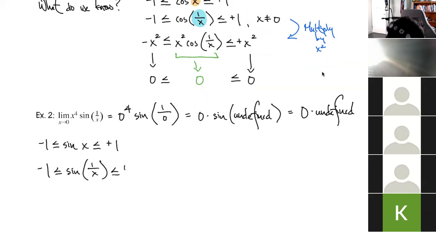Now, as soon as we do this, though, what do we have to tell any skeptical mathematician who is reading our work? Yeah, x can't be 0, right? As soon as we do this, we have to say x can't be 0.